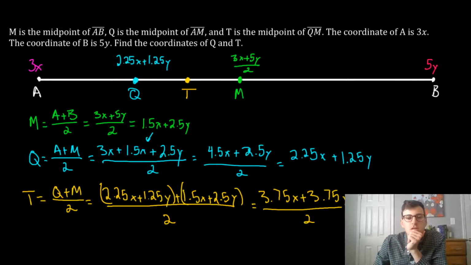Which is... See, now things really start to get hairy. And this is where maybe I'm regretting my decision a little bit to simplify into decimals. So 3.75 divided by 2 is what? 1.875. I think that's right. Oh, you probably can't even see this right now, because my face is probably blocking that.